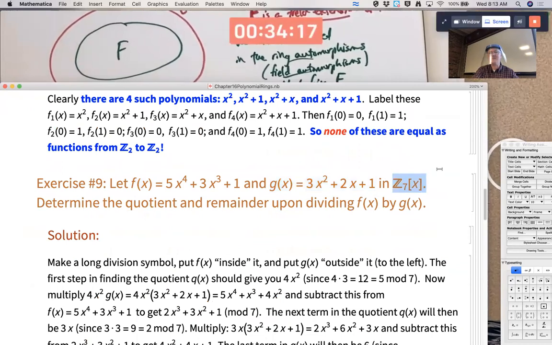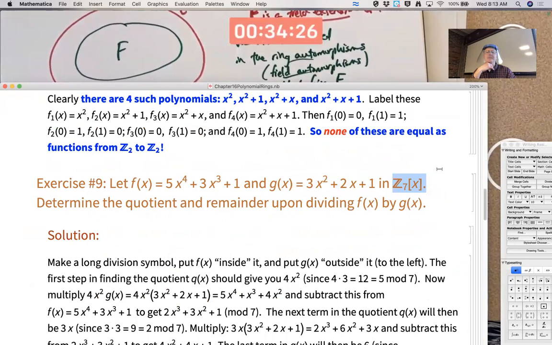Remember, this notation is referring to the ring of all polynomials whose coefficients are in Z7. 7 is a prime, so Z7 is a field, but this polynomial ring itself is not a field. I emphasized that on Monday. Polynomial rings are never fields. Any element with a degree higher than 0 won't have a multiplicative inverse.